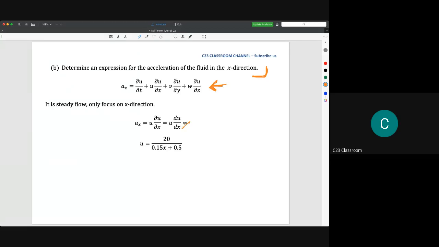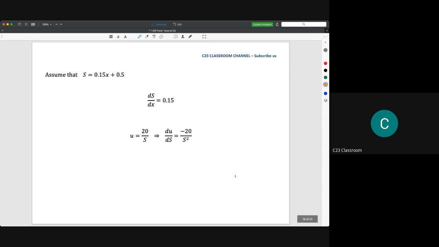I'm sorry, I copy pasted too much. We know that the value of u is 20 over 0.15x plus 0.5. We can use this equation to find the value of du dx.